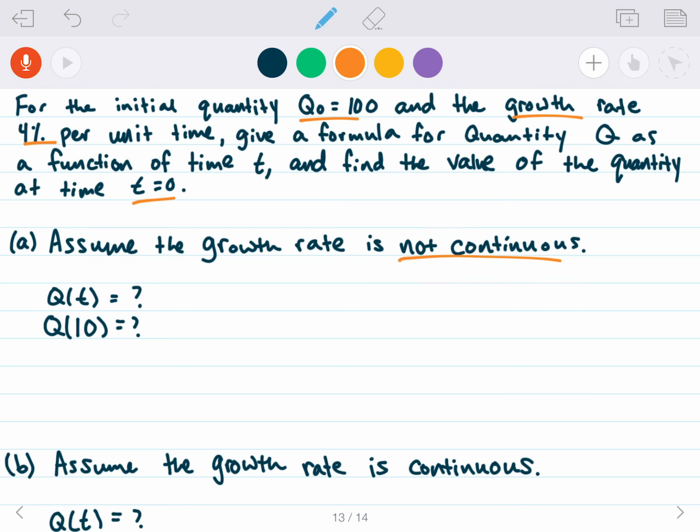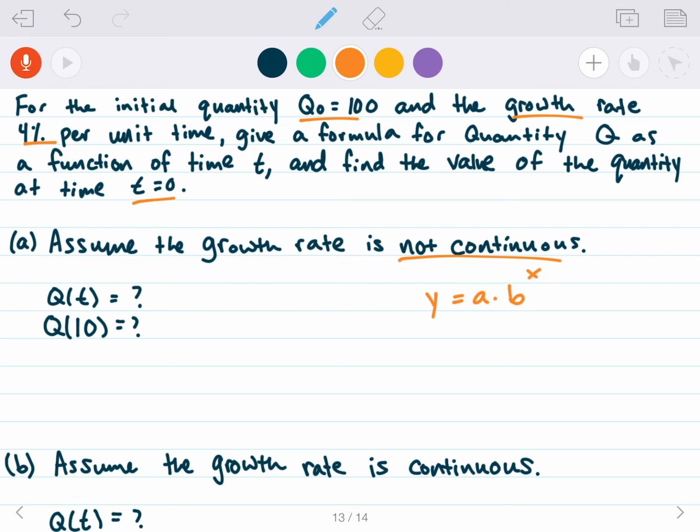So this time we're not using the e formula. We're actually going to be just using our basic exponential formula because they're not talking about compounding here. Since those words were not brought up, we're going to use our original formula that we talked about in the very first exponential lecture.